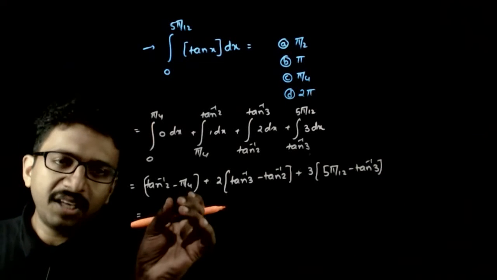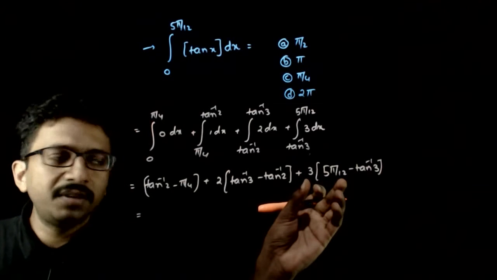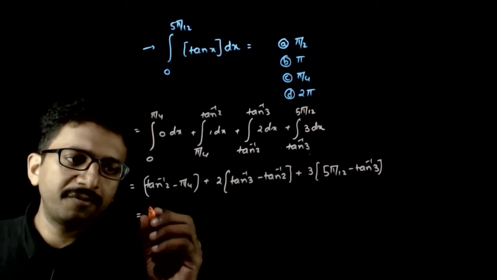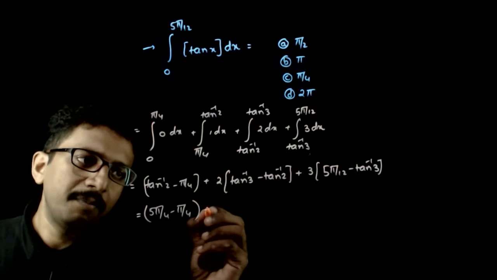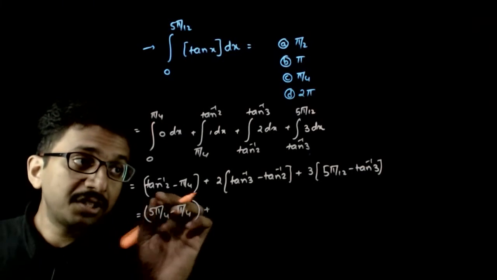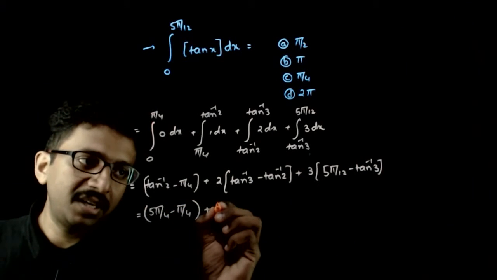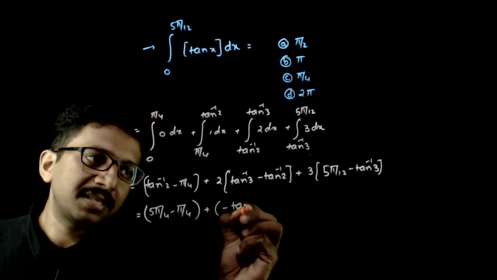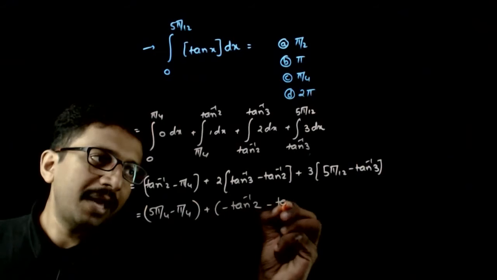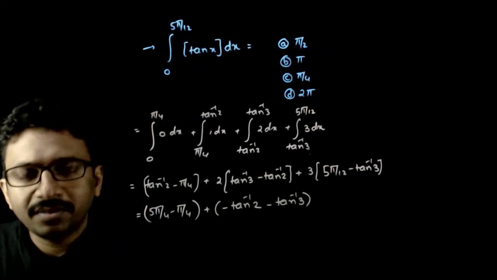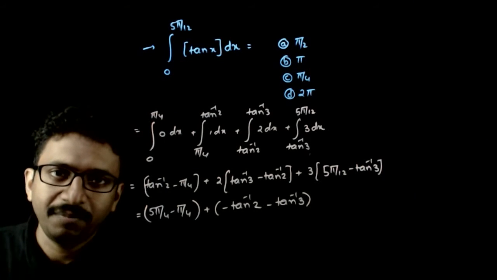Effectively you have minus π/4, and 5π/12 into 3 is 5π/4. Number-wise, 5π/4 minus π/4, plus tan inverse 2 minus 2 tan inverse 2, and 2 tan inverse 3 minus 3 tan inverse 3, which gives minus tan inverse 2 minus tan inverse 3.